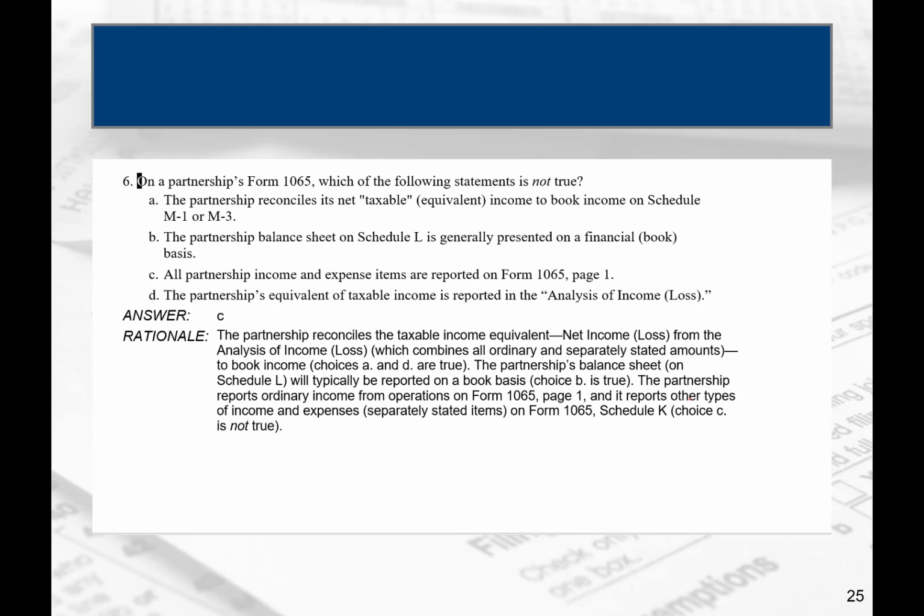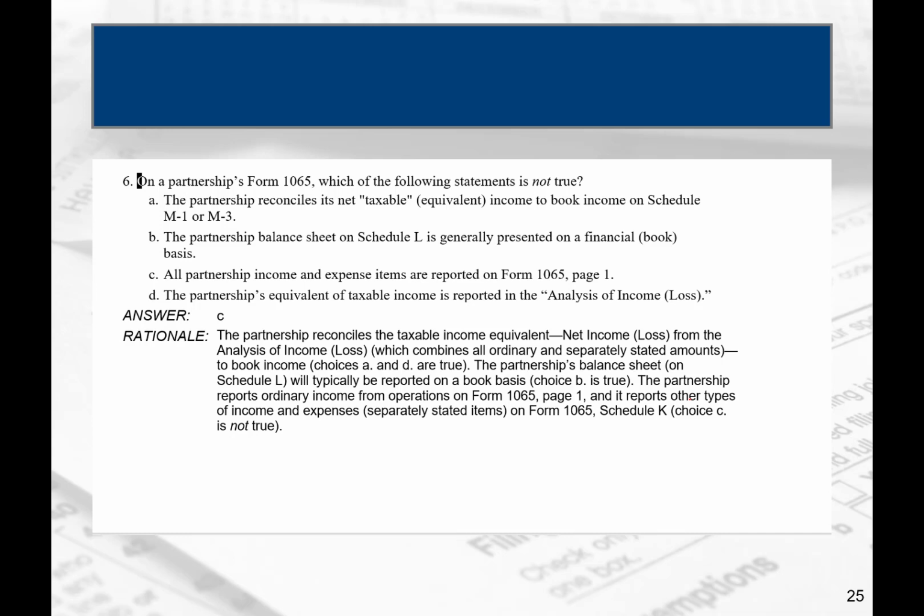We didn't talk about the M-1s and the schedules for partnerships, but you don't file all of those for the partnership. B, the partnership's balance sheet on Schedule L is generally presented on a financial book basis. That's not true. Schedule L is on the tax basis, not the financial book basis.